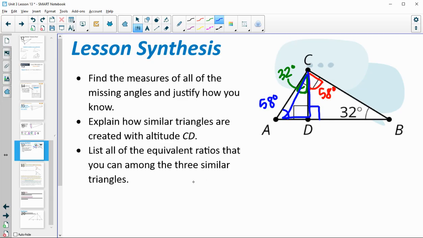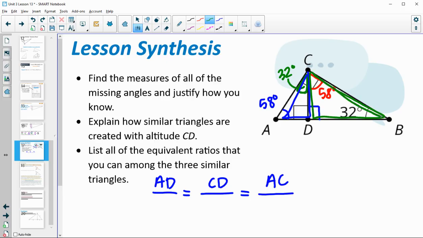So if I set up ratios with this little blue triangle, so on the top, if I go short leg to medium leg to long leg, then I could look at this medium sized triangle over here and do the same thing. So then I could go short leg, medium leg, and then long leg being the hypotenuse. That's going to give me a bunch of ratios.